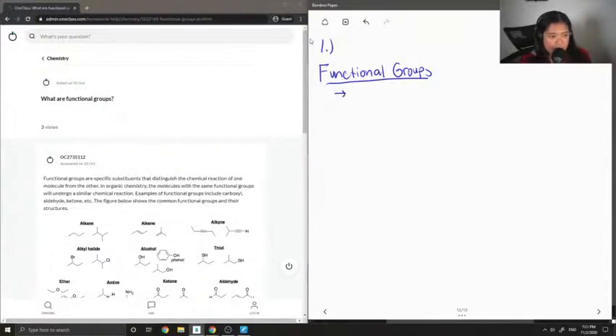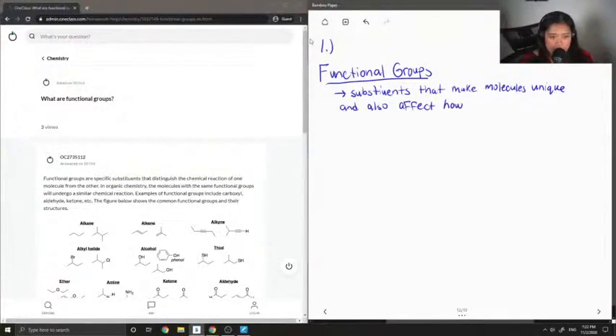Basically they are like substituents that can make your molecules unique, and they also affect how they will react in a chemical reaction.